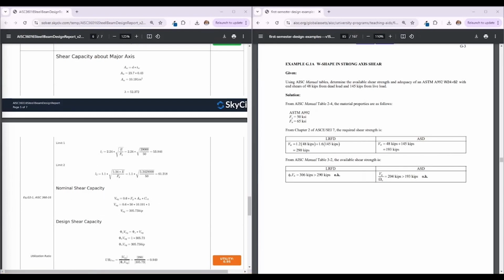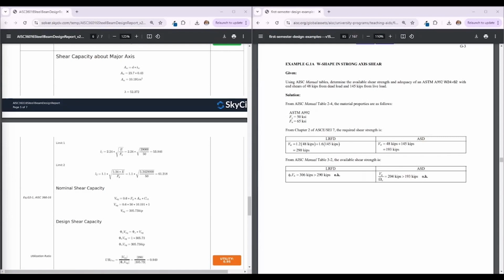Going back to the SkyCiv calculation for nominal shear capacity, the nominal shear capacity can be calculated by multiplying 0.6 times the yield stress times the shear area. The yield stress is 50 ksi and the shear area for the W24 section is 10.191 square inches.